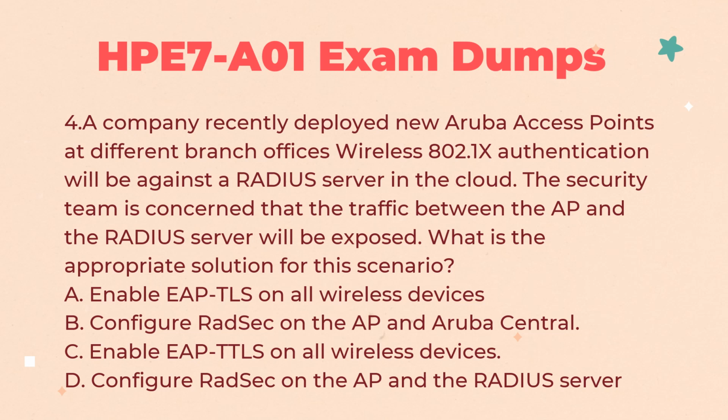A. Enable EAP-TLS on all wireless devices. B. Configure RadSec on the AP and Aruba Central. C. Enable EAP-TLS on all wireless devices. D. Configure RadSec on the AP and the RADIUS server.